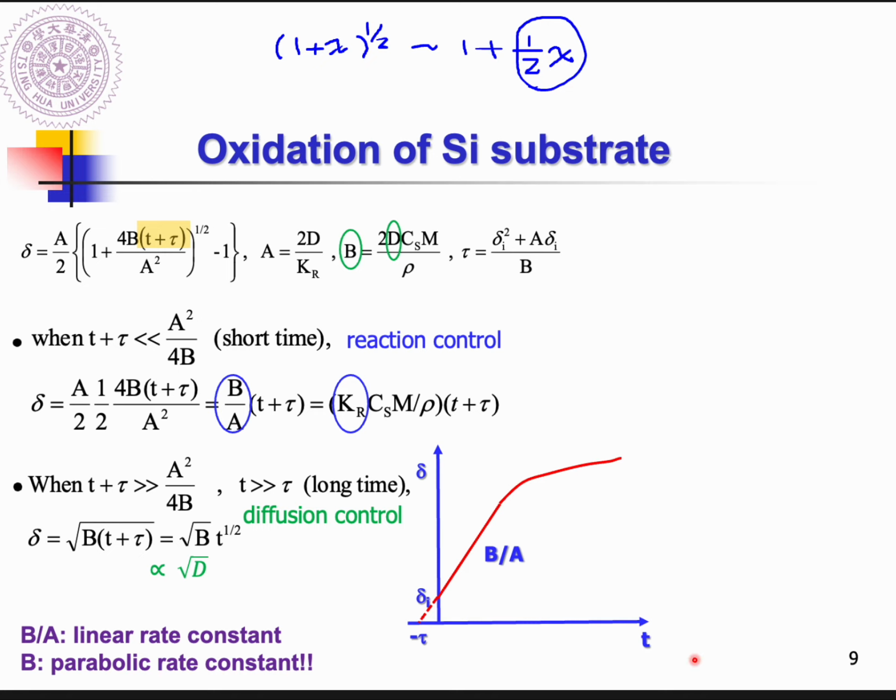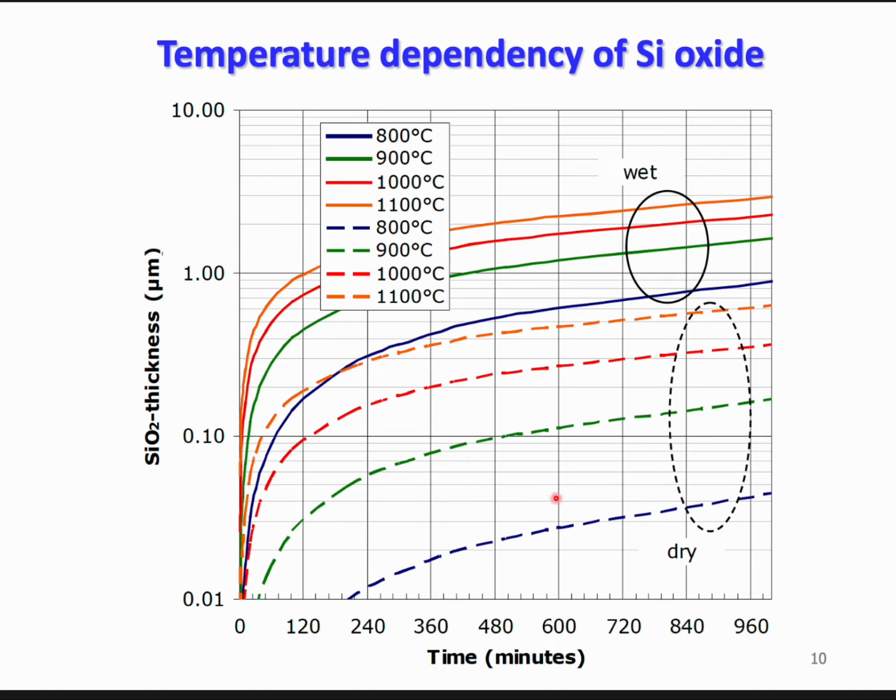So in order to convince you, I grabbed some data from the literature. So for the dry method here, you can take a look at 800, 900, 1000 and 1100. So the thickness in the beginning is linear and becomes parabolic.